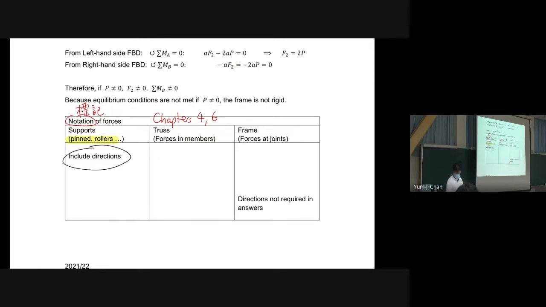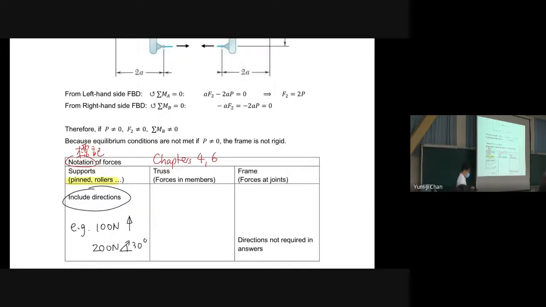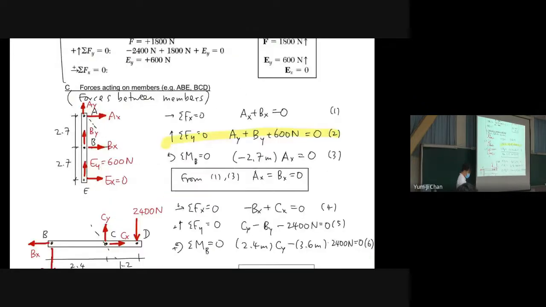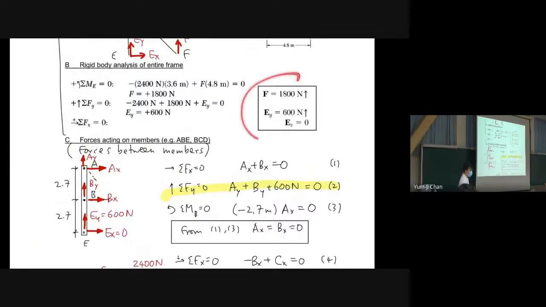For example, 100 Newton going up, or 200 Newton at 30 degrees. Okay, let's go back to the last page. For these support forces, we need to mark the directions.